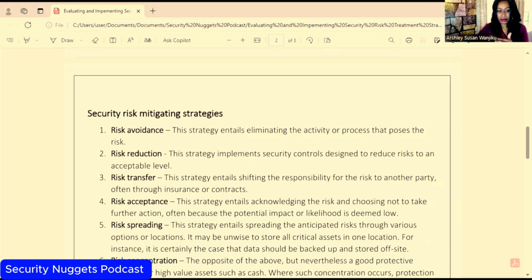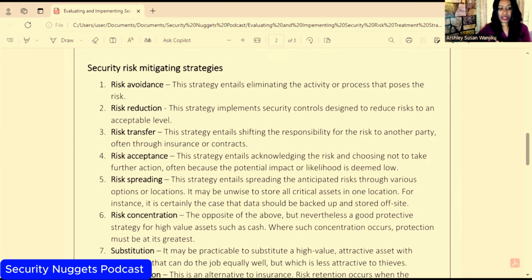Now, one of the strategies is risk avoidance. Basically, this strategy entails eliminating the activity or process that poses the risk, so we are eliminating the source of the threat.